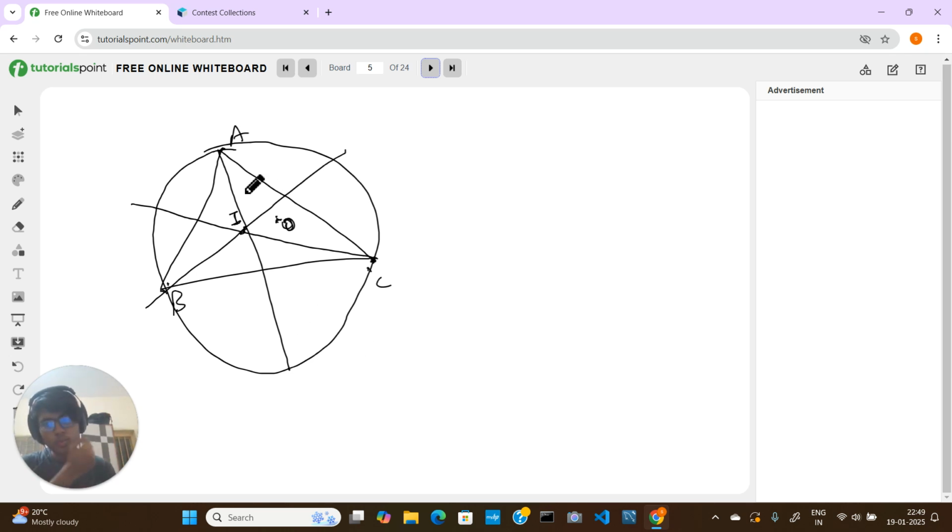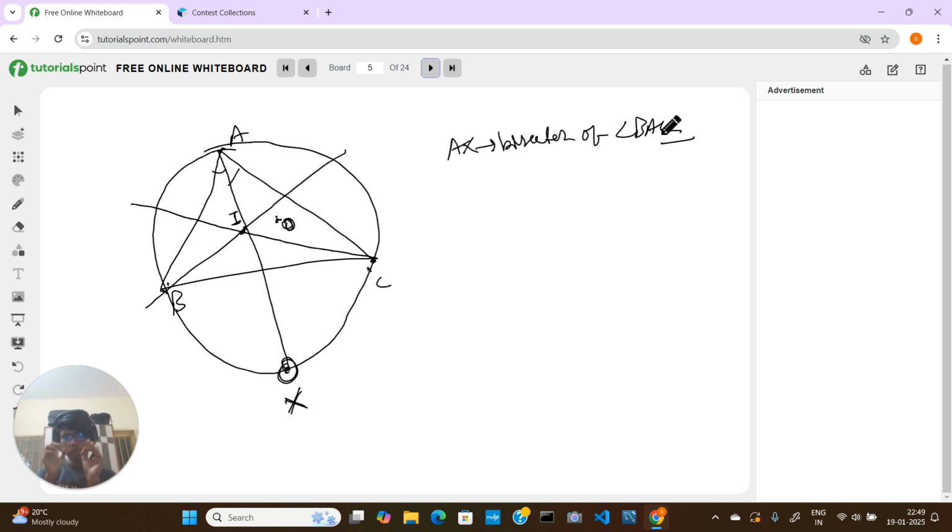Now, what nice things are there in this diagram? This point X is nice because AX is the bisector of angle BAC. We are just exploring this diagram because we want somehow a relation between angle bisectors and circumcircles.